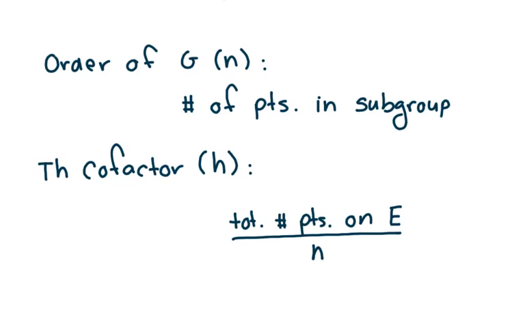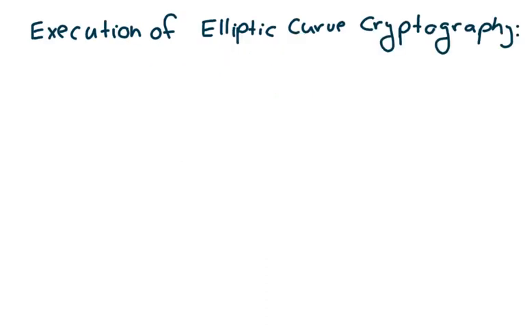So what I'd like to do now is show you how all of this comes together to actually execute encryption in elliptic curve cryptography. So the first thing that happens is an individual picks an equation for an elliptic curve. So let's say that this individual has picked the equation y squared mod 17 is equal to x cubed plus 2x plus 2 to define their elliptic curve.